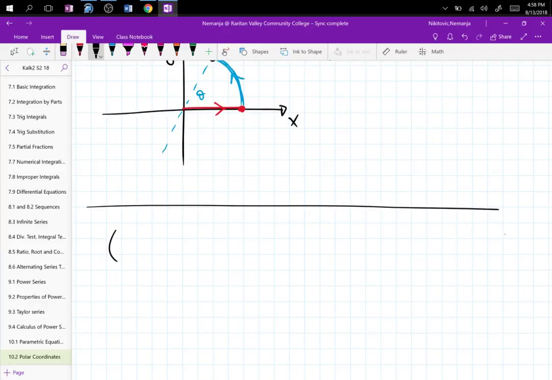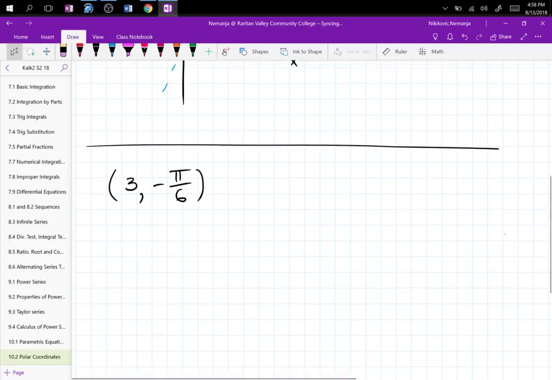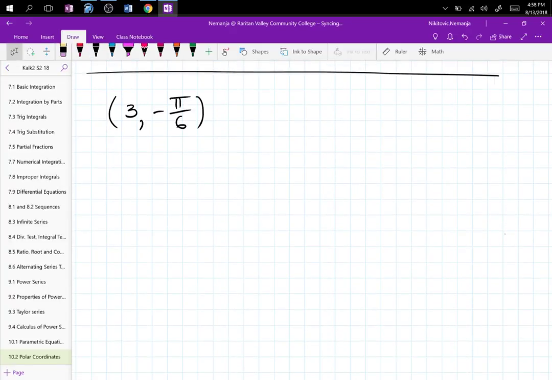Let's say we have to draw, say, (3, negative pi over 6). Well, we know that positive angles are counterclockwise, so negative angles are clockwise, and we measure angles from the positive x-axis.